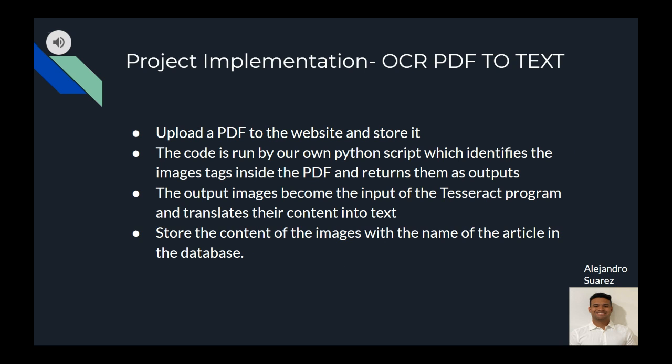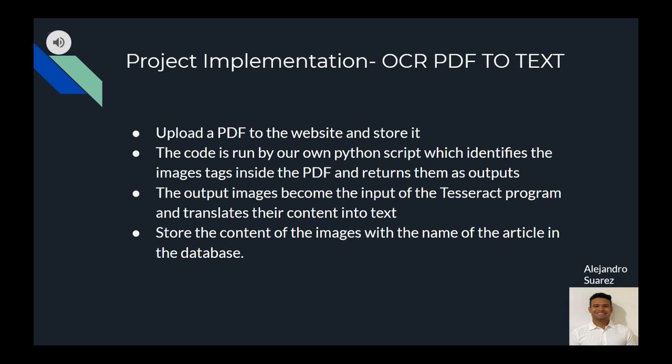And in our last feature from our project, we have the OCR PDF to text, which basically consists of feeding our website a PDF with pictures and text on it.